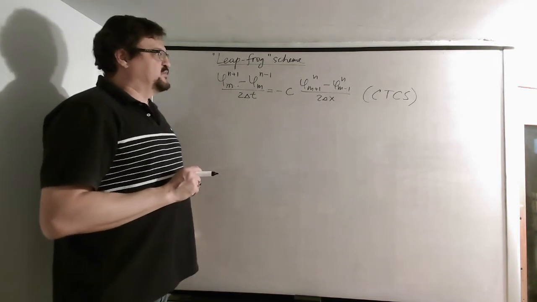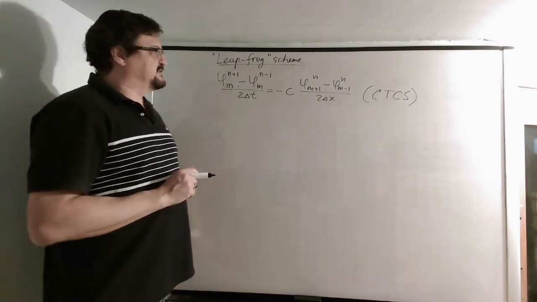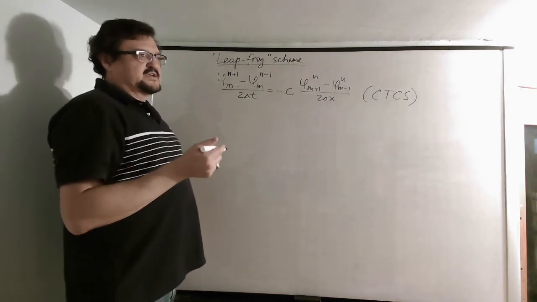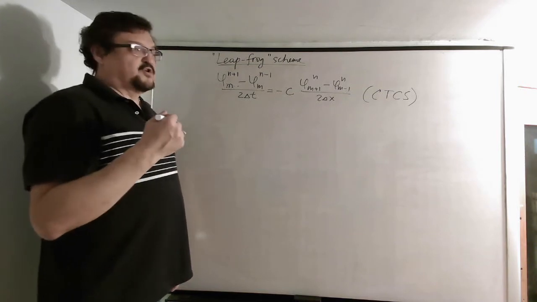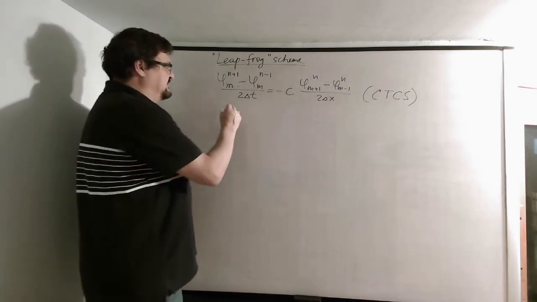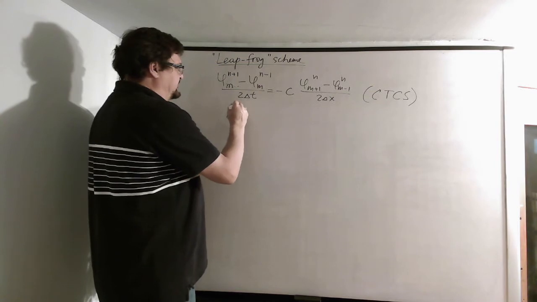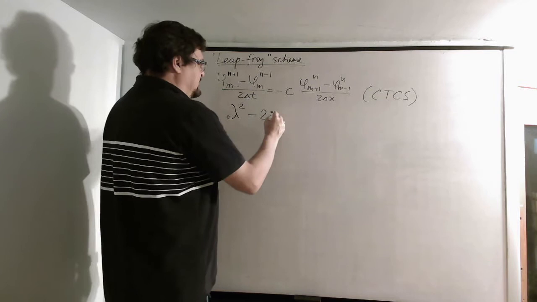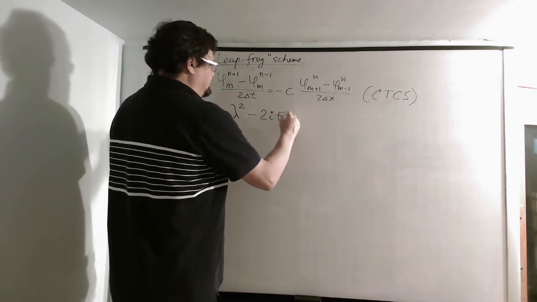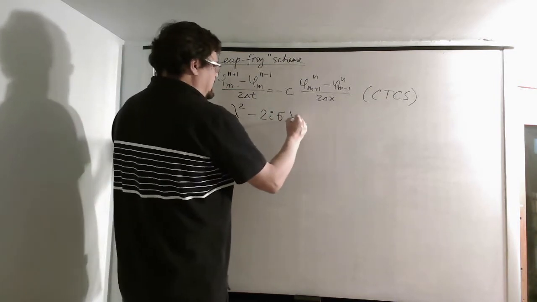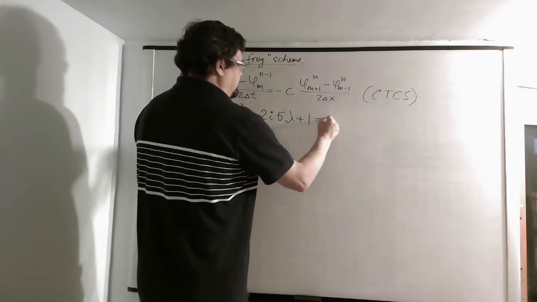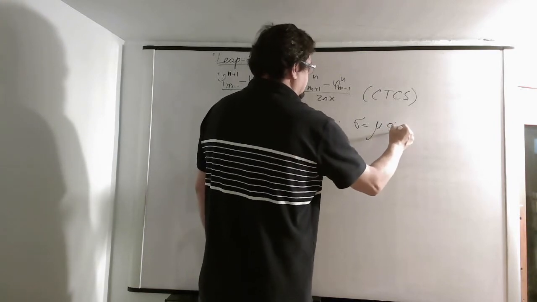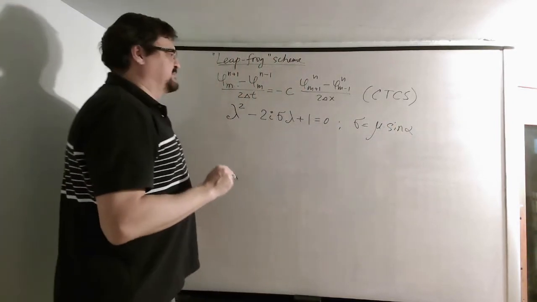Just to remind you, when we considered von Neumann stability analysis, we got the equation for amplification factor lambda. It looked like the following: lambda square minus 2i sigma lambda plus 1 equals 0, where sigma is some mu times sine of alpha. Doesn't matter in this case.